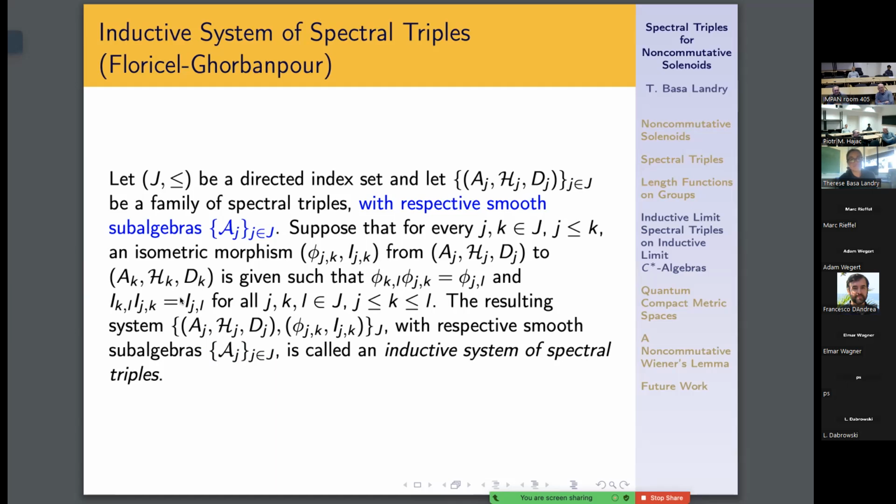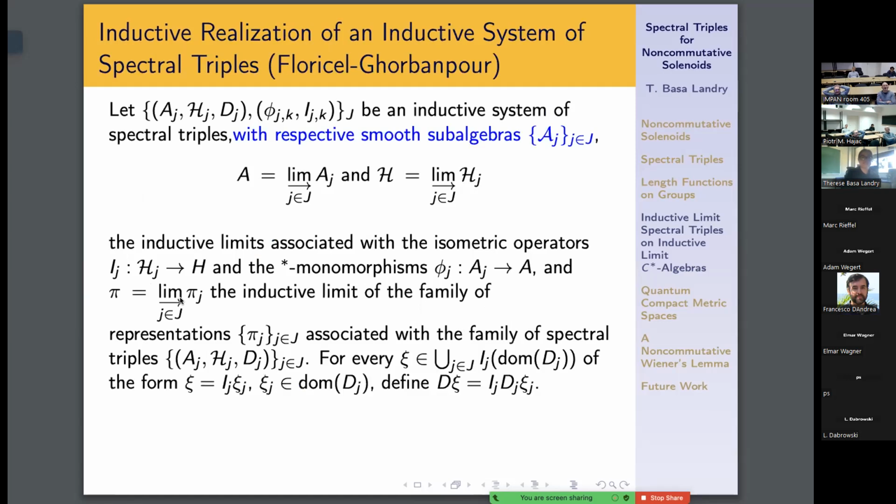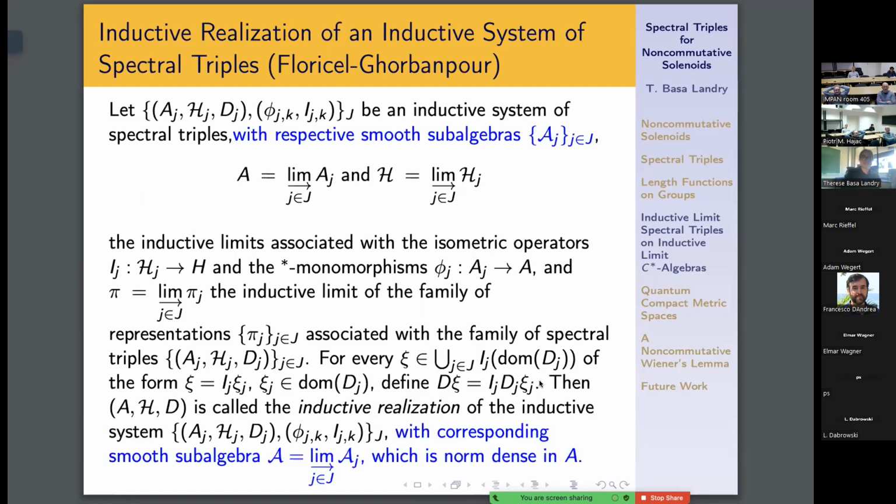Yes, but there must be some conditions. Is there no compatibility condition between phi and I and T? What about commutation with the Dirac operators? Oh, there's something like that on the next slide. Here. Yes.